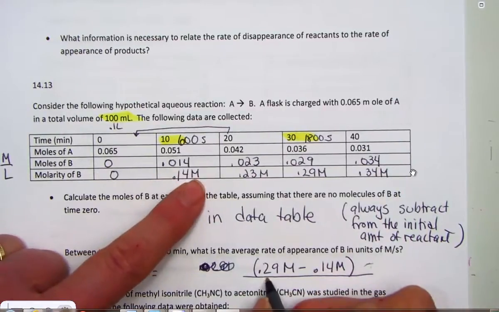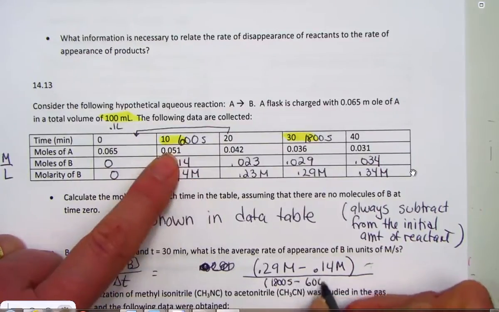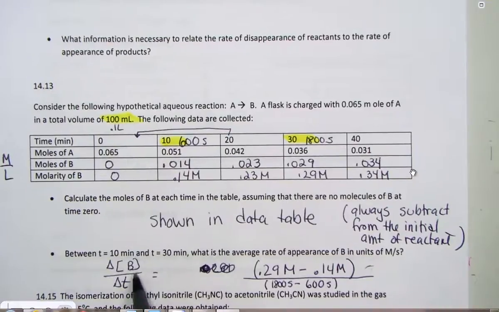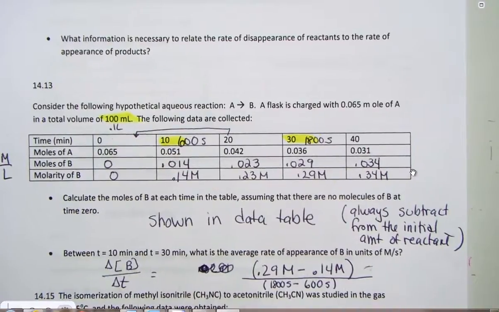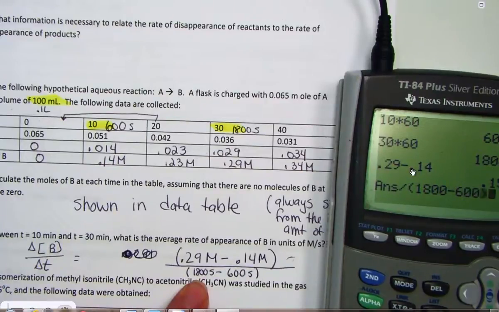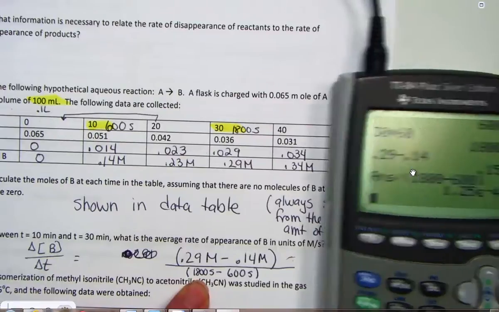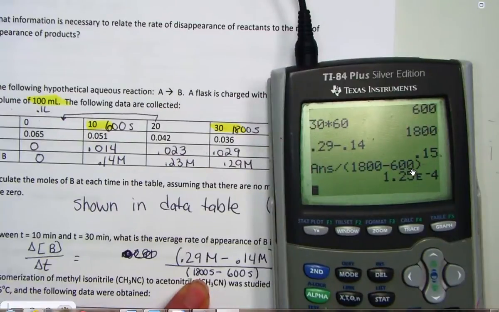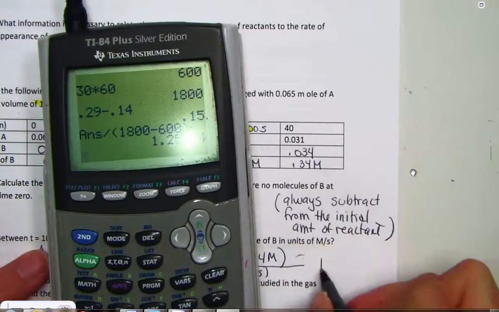So there's the delta concentration change. And the delta T would be 1800 seconds minus 600 seconds. So change in concentration over change in time, and we'll come up with a rate over a time interval. 0.29 minus 0.14, divided by 1800 minus 600, and we found 1.25 e negative 4.